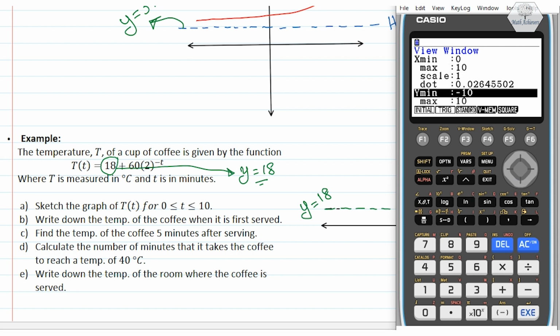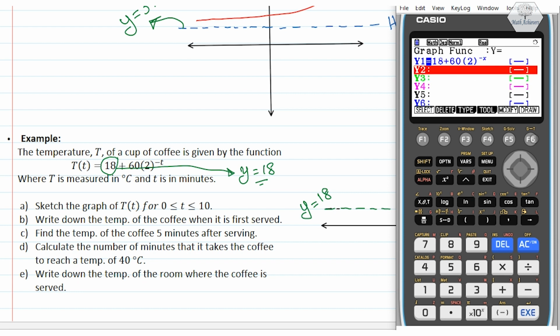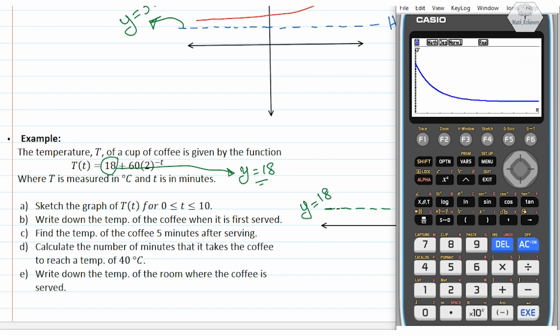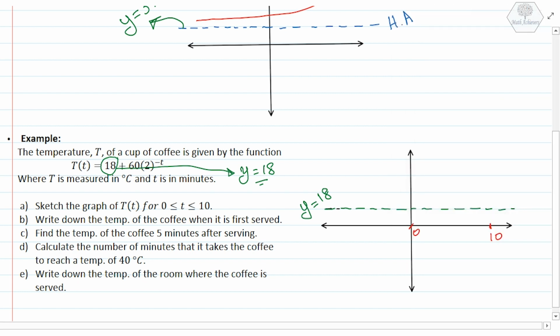For y, it won't be negative, and let the maximum y be 100. And then I simply draw. So my function will have this shape. It will never touch the horizontal asymptote.